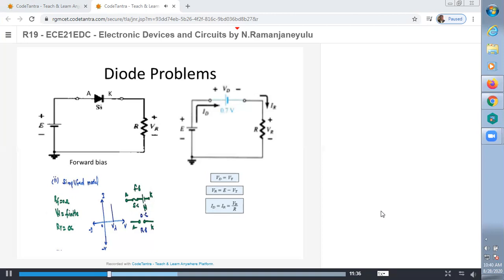This gives us an idea of how to solve network problems involving diodes. Next class we discuss the same problems with the Zener diode, because there are different cases in Zener diode problems. Today's class we discuss diode problems.